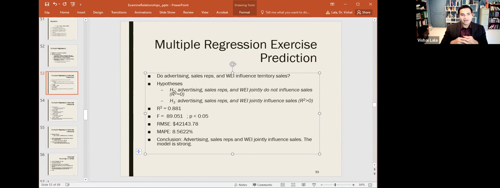As you can tell, these have a better ring to them to somebody who's solely interested in figuring out if their sales are hitting the mark, how good the model is for predicting sales. Right? Okay, so RMSE again is $42,143, and the MAPE is 8.5622%.